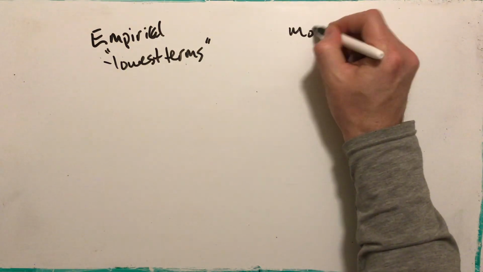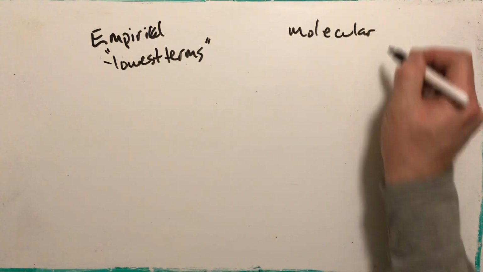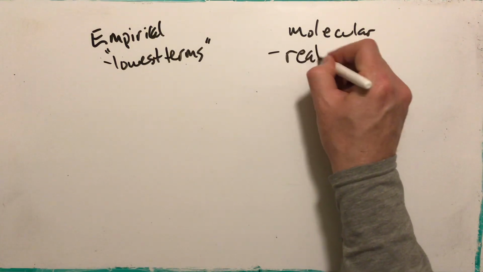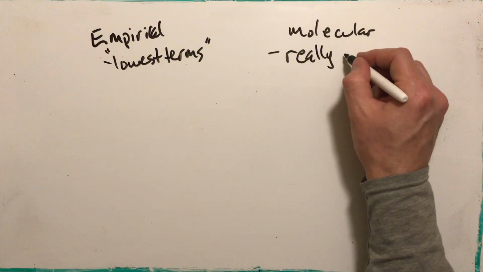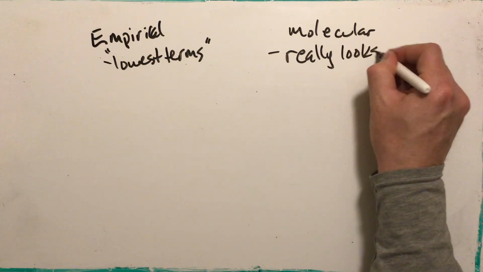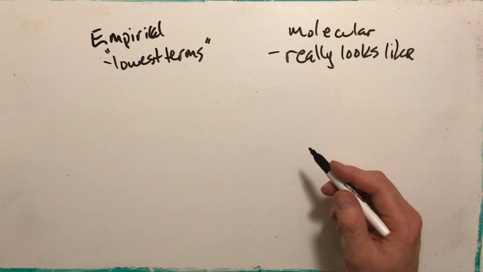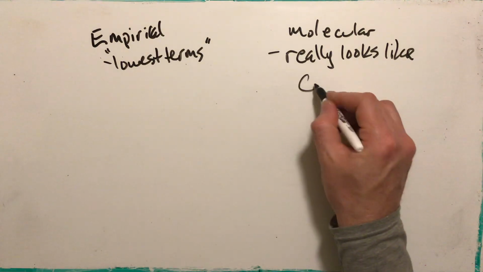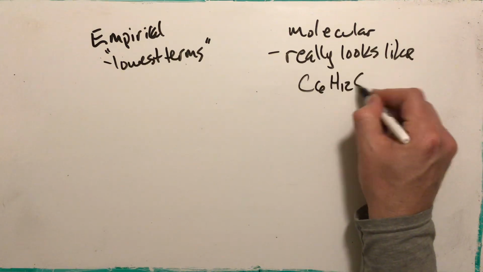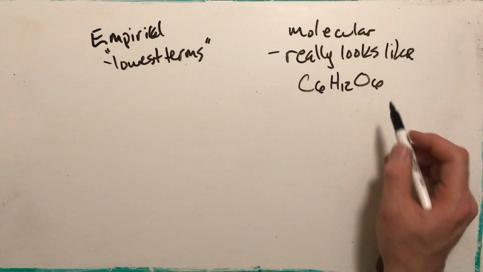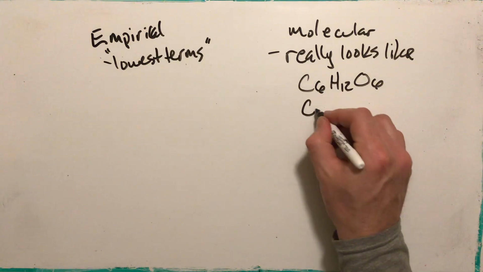And we said molecular was if you ran into this molecule out on the street, what it really looks like in all its glory. And so in our last session on YouTube, we looked at glucose, and its real formula is 6 carbons, 12 hydrogens, and 6 oxygens. And we looked at lactic acid.